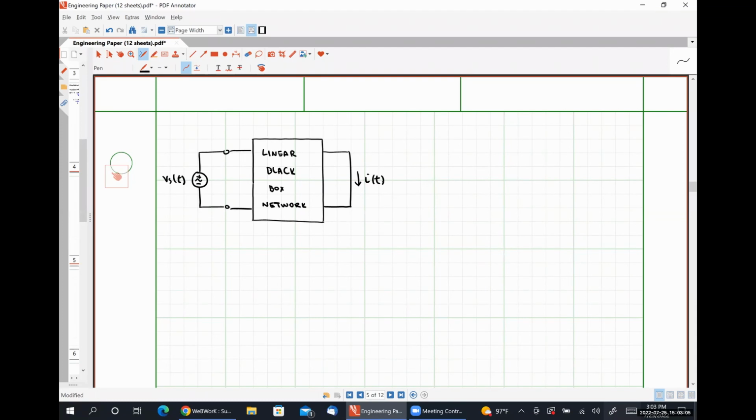Okay. So I'm literally just generalizing the example problem that we just did.